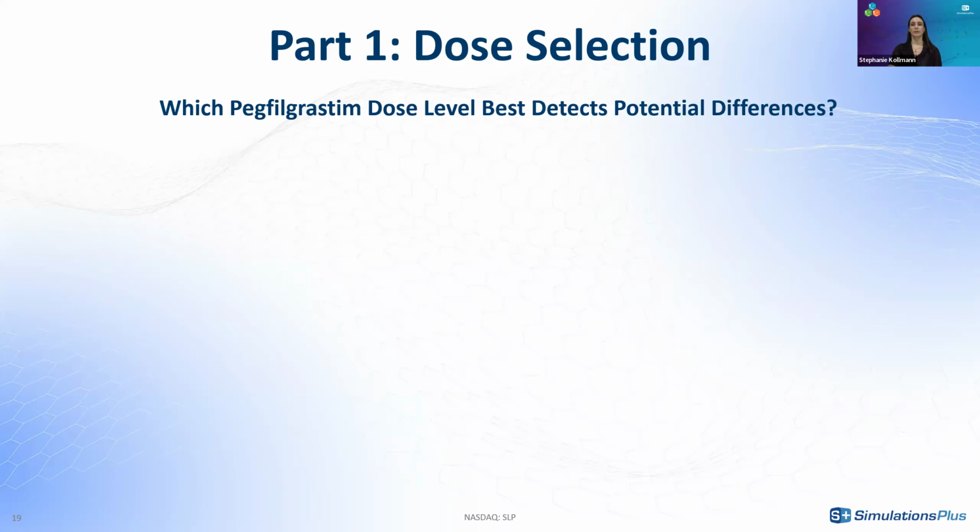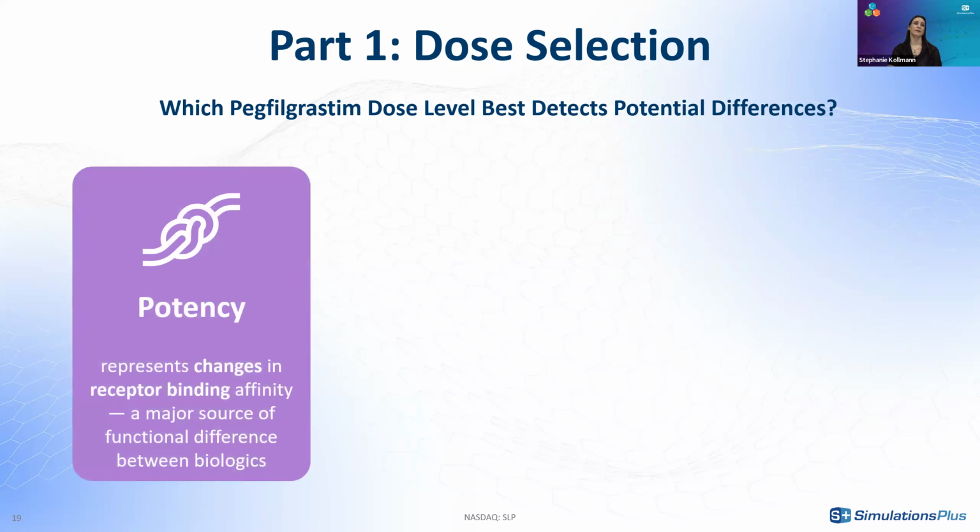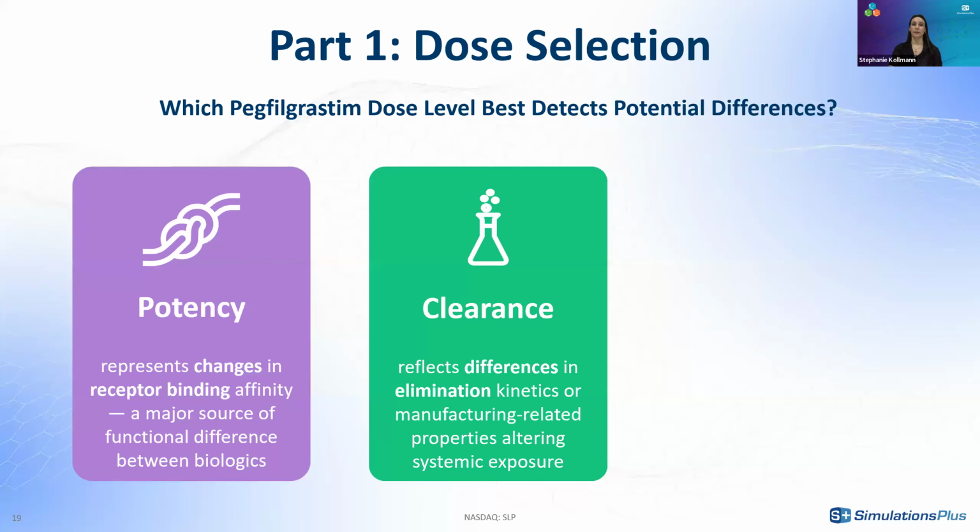In biosimilarity assessment, it's important to consider all major PK and PD determinants. In this concrete example, it would be potency differences, reflected through changes in receptor binding affinity, which can alter target interaction. Differences in clearance arising from elimination pathways, pegylation, or formulation factors, which can affect systemic exposure.